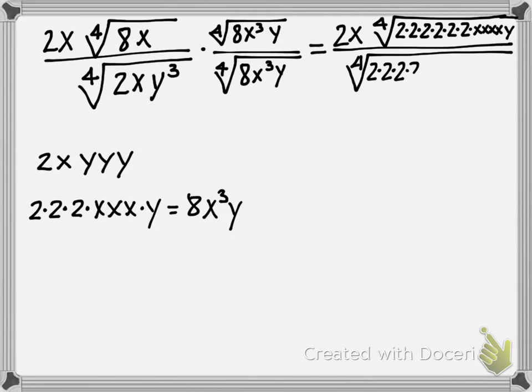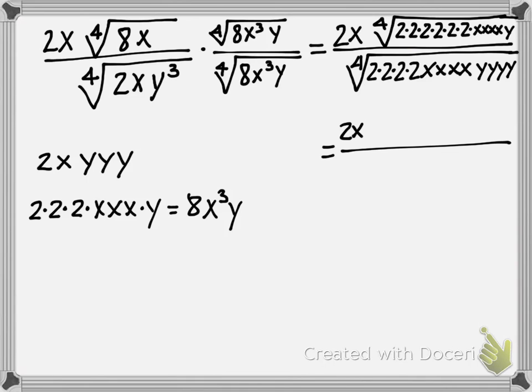In the denominator, we have the following. Of course, we're going to have 4 2's, x, and y, because we pick the radicand that would complete the group of 4 so that we can get rid of the fourth root sign in the denominator.